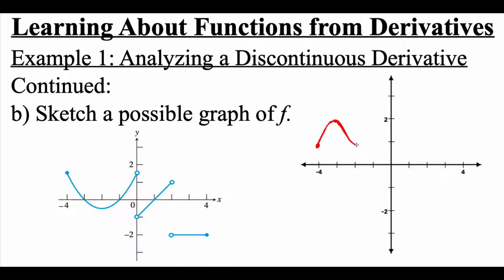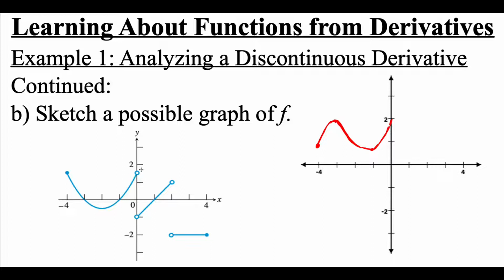So it was concave down, but now we need to start swooping the other direction to be concave up. And then again, at the x value of -1, our derivative is changing signs again there, going from negative to positive. So that means we're going to have a local minimum at -1. And then our graph will have to turn and go up from there. Now this time our derivative is increasing, so we want our graph to be concave up.